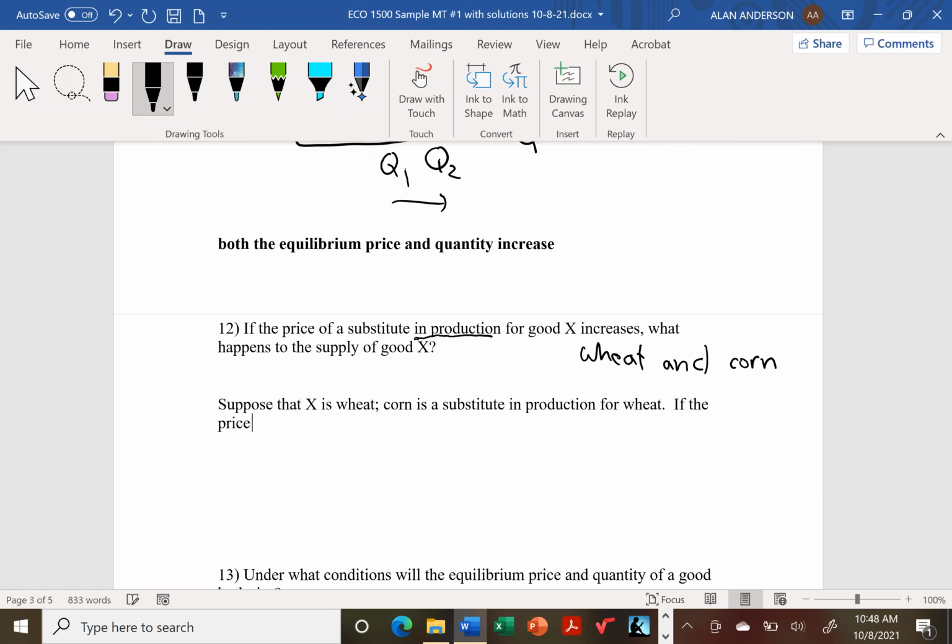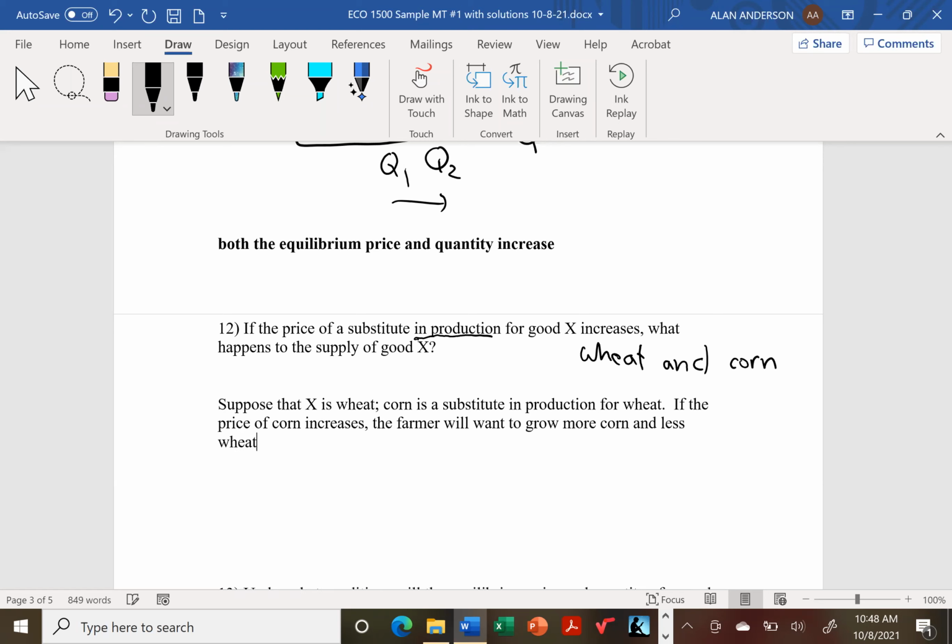If the price of corn increases, the farmer will want to grow more corn and less wheat. Therefore, supply of wheat, which is good X, will decrease. And the supply curve for wheat will shift to the left.